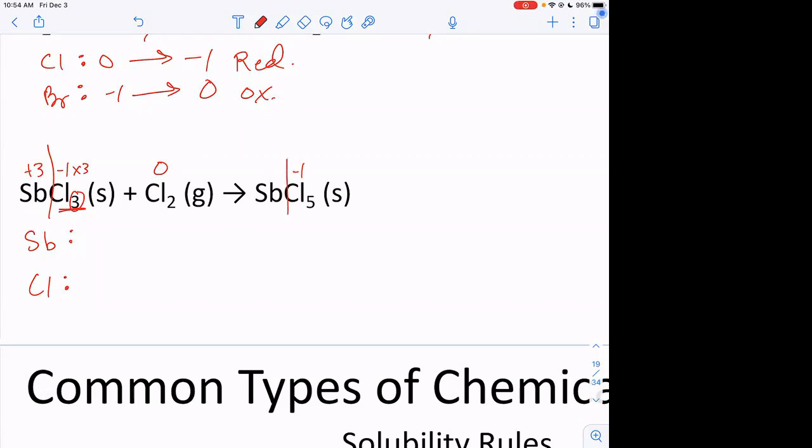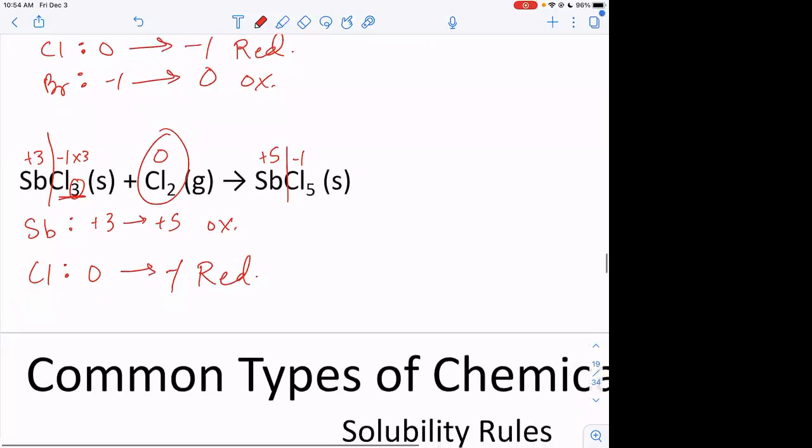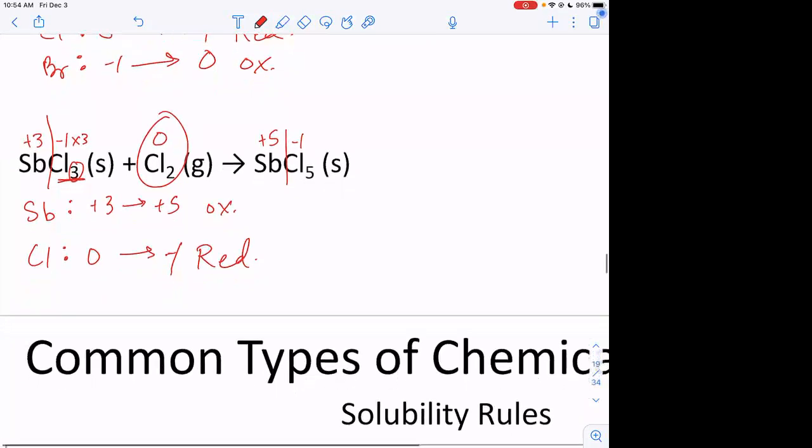Right. There you go. So we go from a +3 to a +5, which is oxidation. And then some chlorines stay a -1 the whole time, but these go from 0 to -1. So there is some reduction happening, although not on every chlorine atom, on some chlorine atoms. So it's still okay to say that's the element that's reduced. Okay.